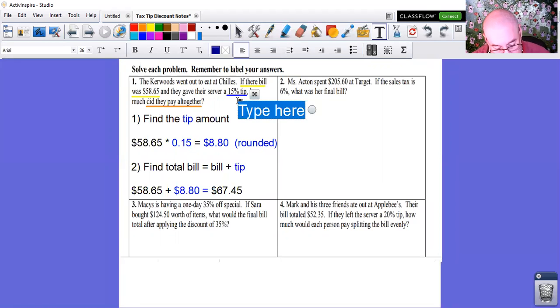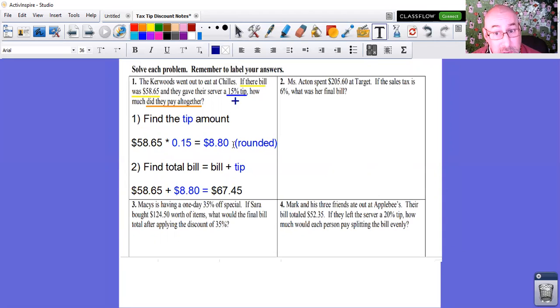So I'm going to put a little plus sign right underneath tip so I know that I'm adding that to my price. All right, to find the answer, how much did they pay altogether? First, I have to find my tip. So $58.65 times 15%, which is 15 divided by 100, or 0.15, equals $8.80.